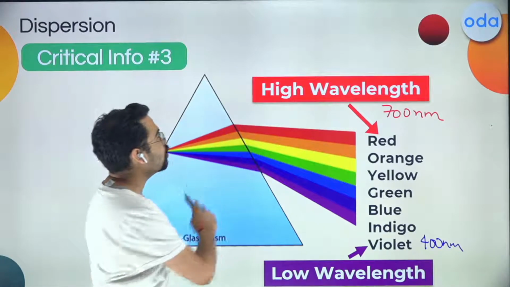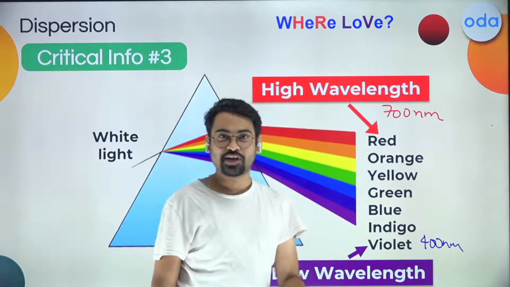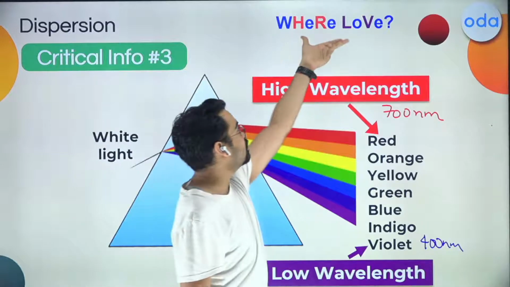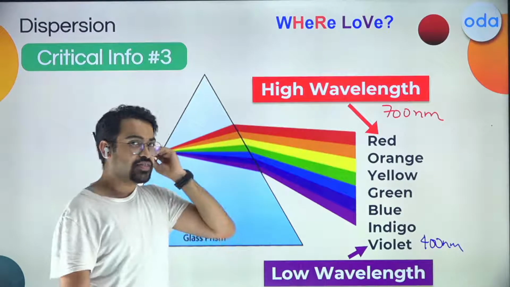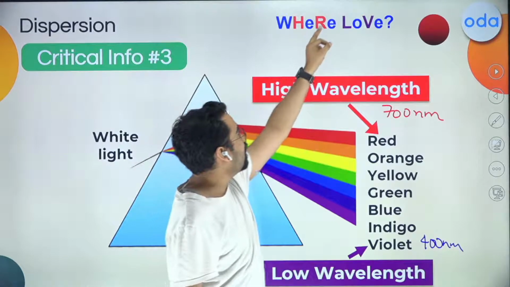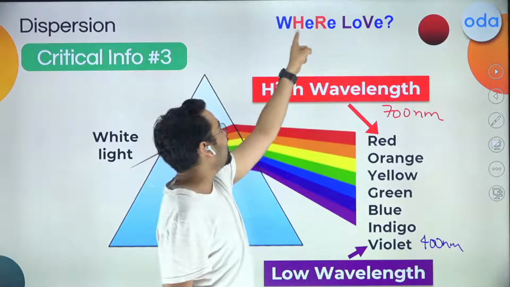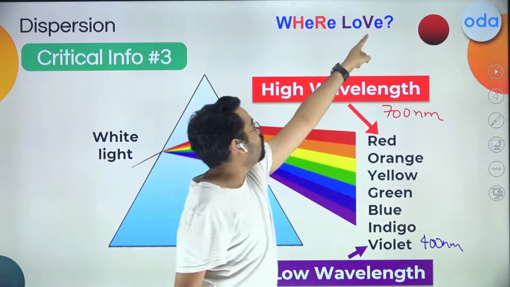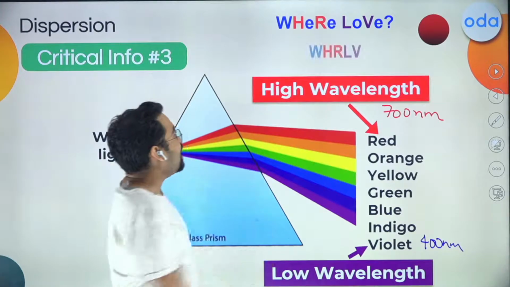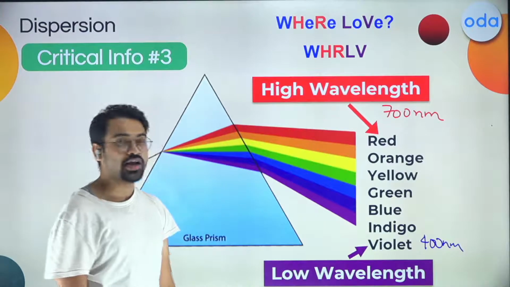You don't feel it that way? I'll tell you a trick over here. If you just remember the term WHRLV, you will see that I have marked things very specifically. W, H, R, L, and V are capital, and this R and H are in red, while this V and L are in violet. Why exactly? I am trying to say that you can remember WHRLV.